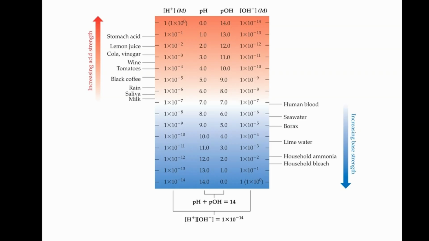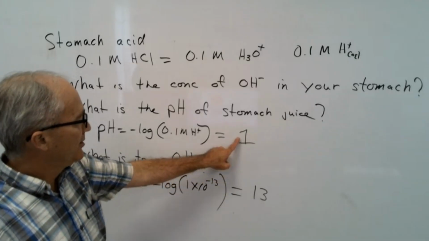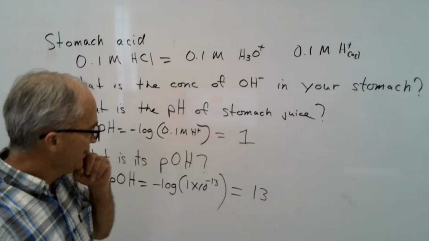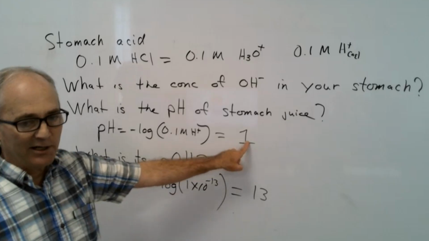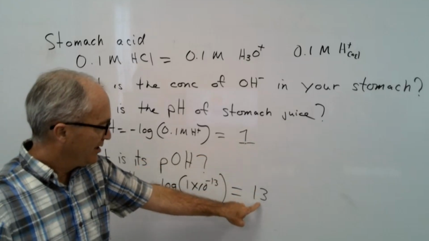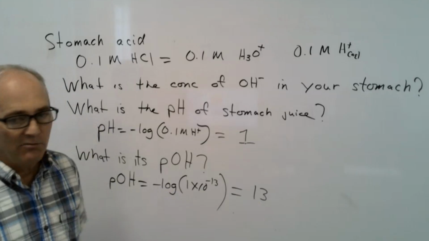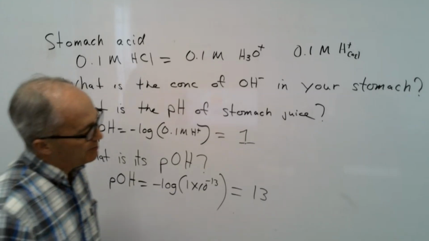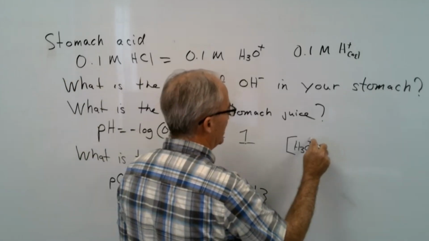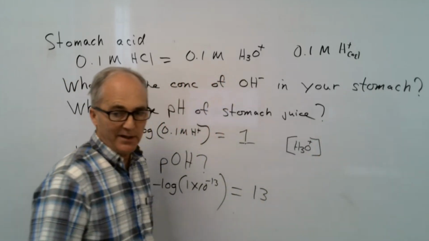So here's our logified version of our Kw expression. pH plus pOH equals 14. So when we know the pH is 1 here, and we ask what is the pOH, we can subtract 1 from 14 and get this number here. So one side bit of information with our property of logs. This will come up somewhere in a PowerPoint slide.